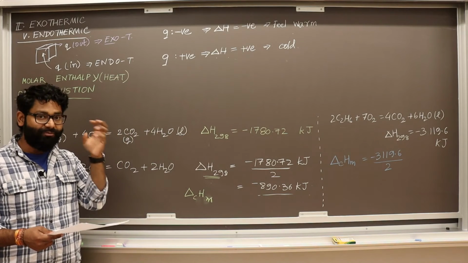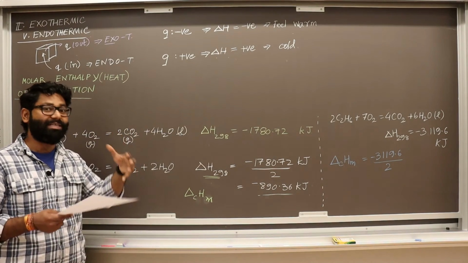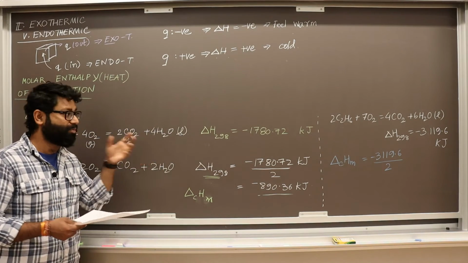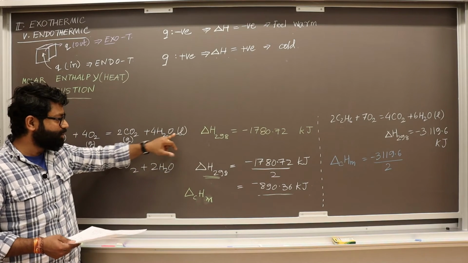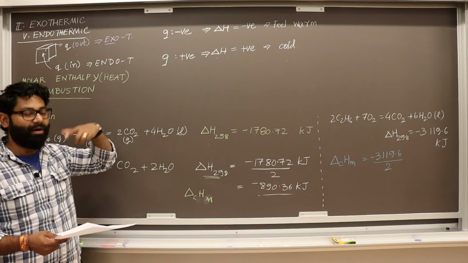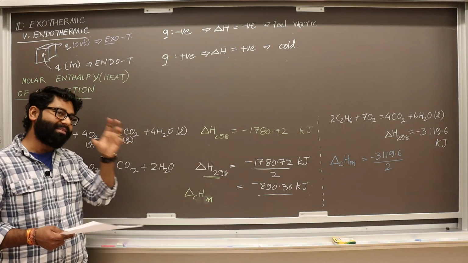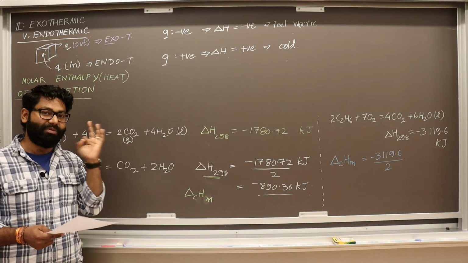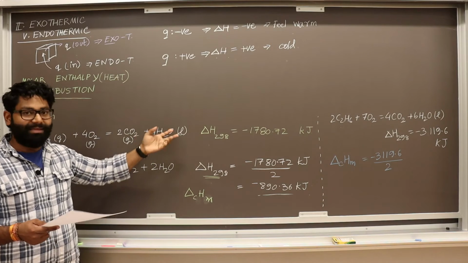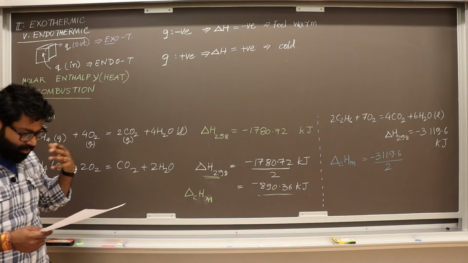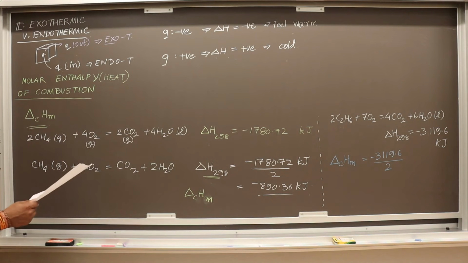So the experimenter kept the system at 100% relative humidity, and that is why this H2O is liquid and is not vapor, because any H2O that is being produced quickly goes to the liquid state. Okay, so this is basically the molar enthalpy of combustion.